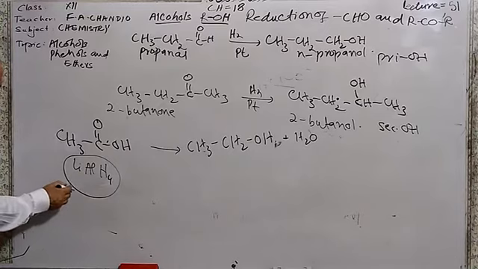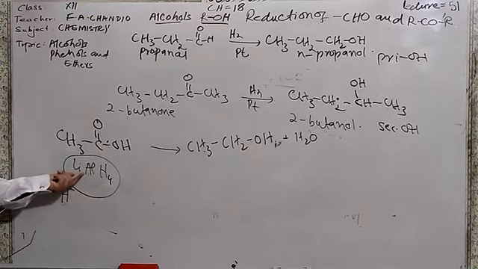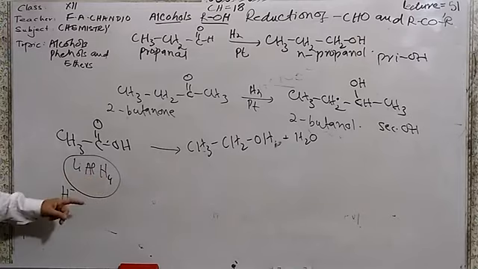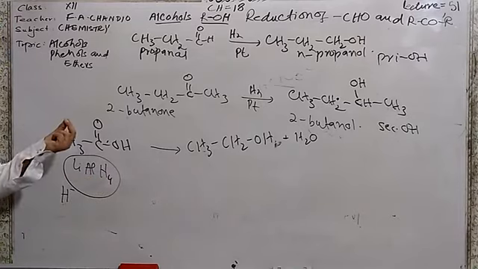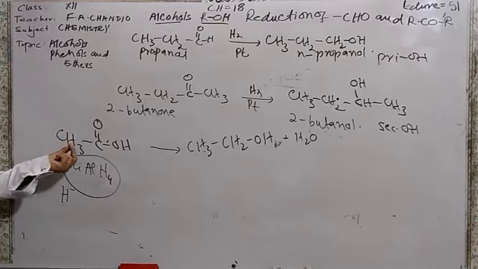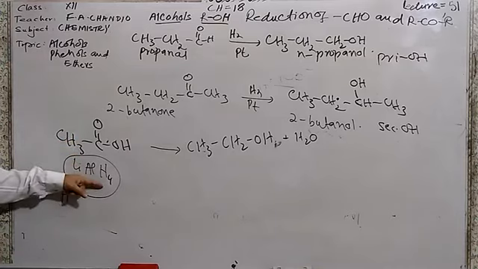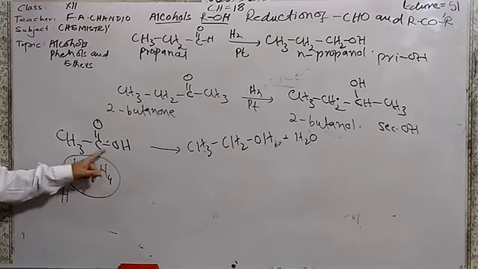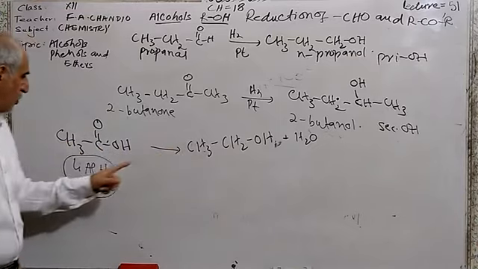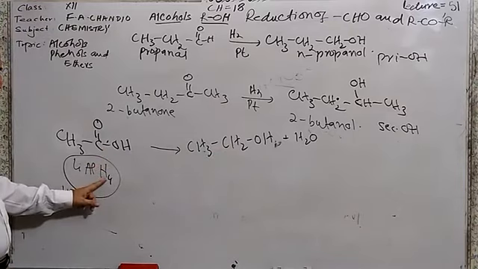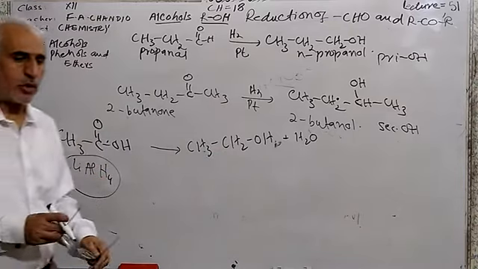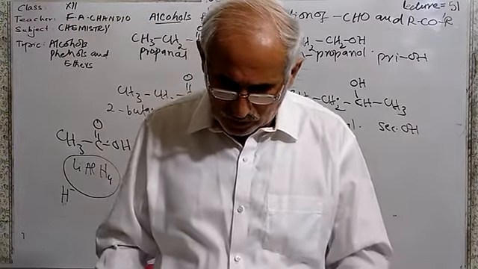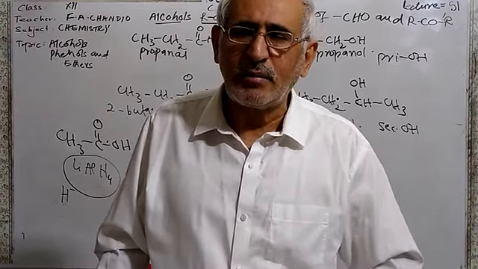Hydride is a negative charge. Sometimes this reagent gives all 4, sometimes it gives 2, according to the requirement of the chemical reaction. Here I think all 4 are utilized. This is CH3, the 2 hydrogens make CH2 and this OH, and 2 hydrogens make the water here. So this is the reducing agent we use for the preparation of alcohols, the lithium aluminum hydride complex.